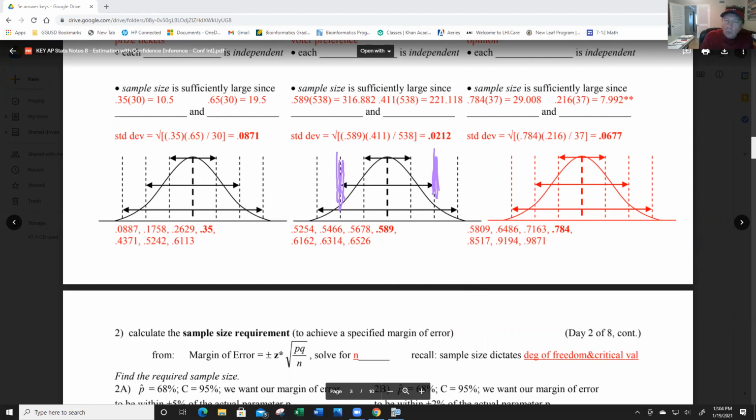So if you take those two numbers, the z-score of -2, which is 0.5466, and then you take the one that's positive 2 standard deviations away, 0.6314, you would say that based on this study, I'm 95% confident that the percentage of people that were pro the Republican candidate is somewhere between 54.66% and 63.14%. I got 0.589, but if I did a new sample, I'd get a new answer for sure.